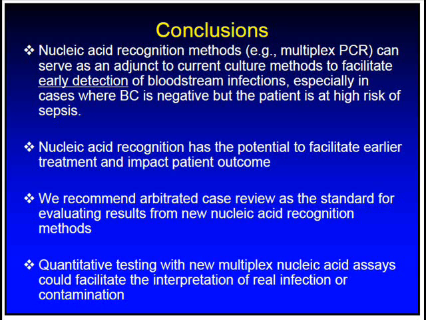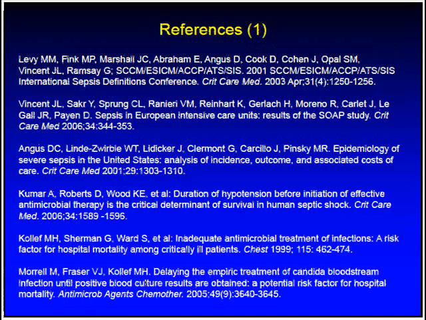We recommend arbitrated case review as the new standard for evaluating results for new nucleic acid recognition methods. And lastly, quantitative testing with new multiplex nucleic acid assays could facilitate the interpretation of real infection versus that of contamination.